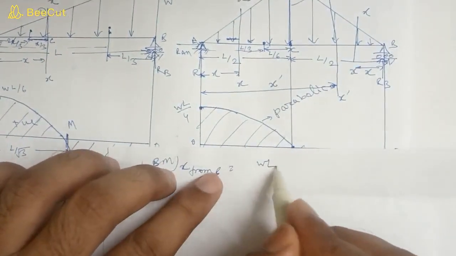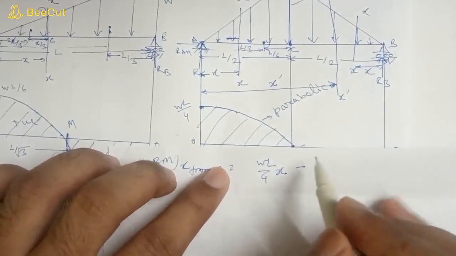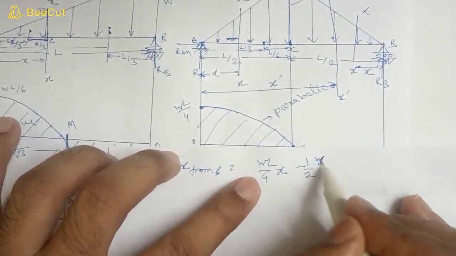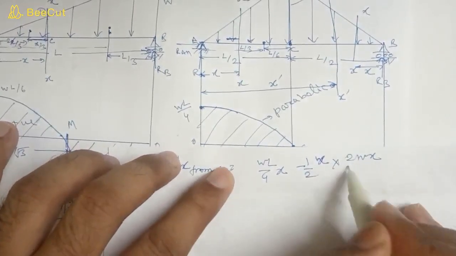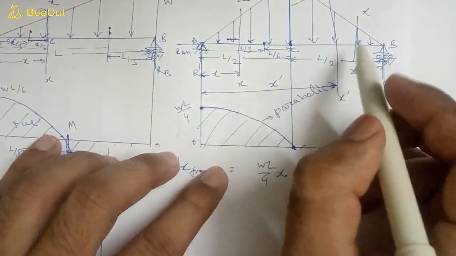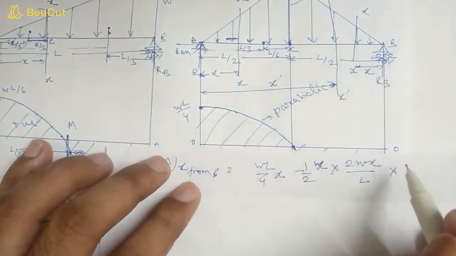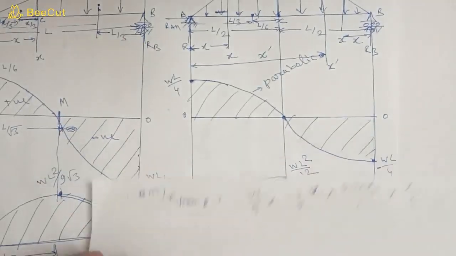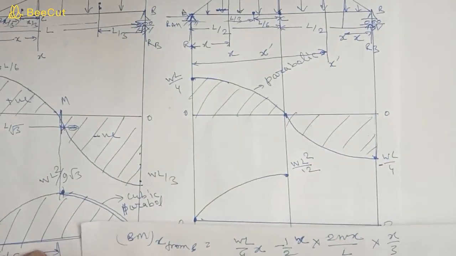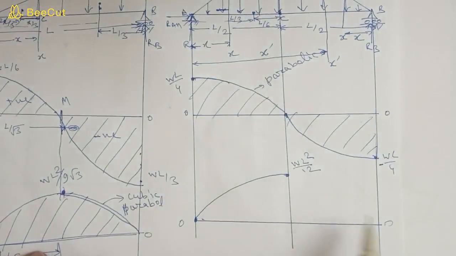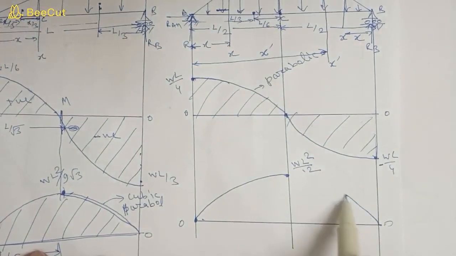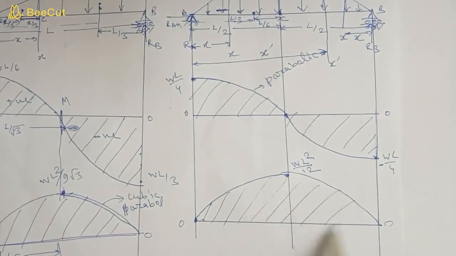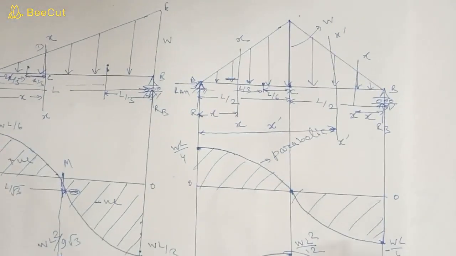So WL by 4 into x minus W, half into base is x, into 2Wx by L, into this will become x by 3. So we are getting the same equation for the bending moment that we were getting from this side. So this is also positive, so it will come like this. So this will become the bending moment diagram for this loading in this way.